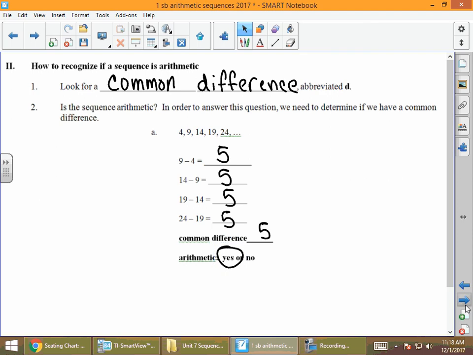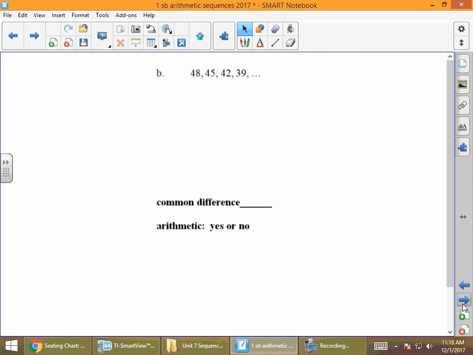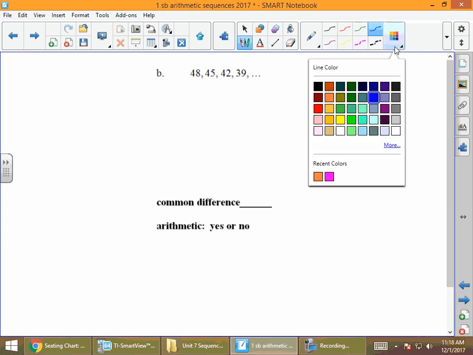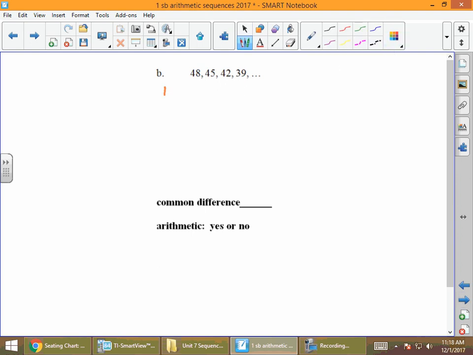Let's try another one. We have 48, 45, 42, 39. Some of you are going to type these values in your calculator, but I do want to show my work here. 45 minus 48 is negative 3.